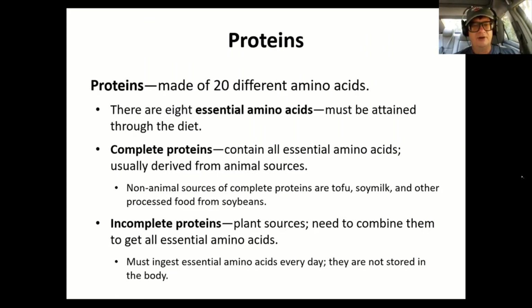Moving on, proteins are made of 20 different amino acids. That's almost true. There are 20 common amino acids that are coded for in the DNA, and almost all of protein is made out of those.